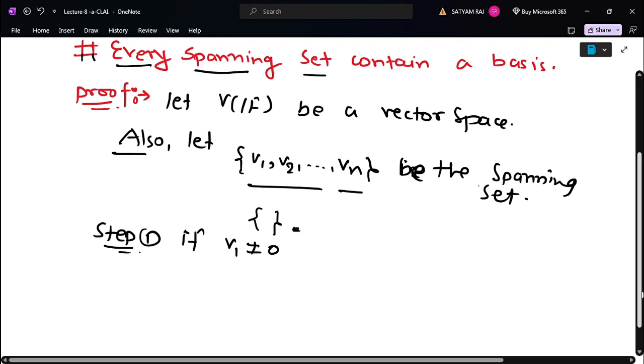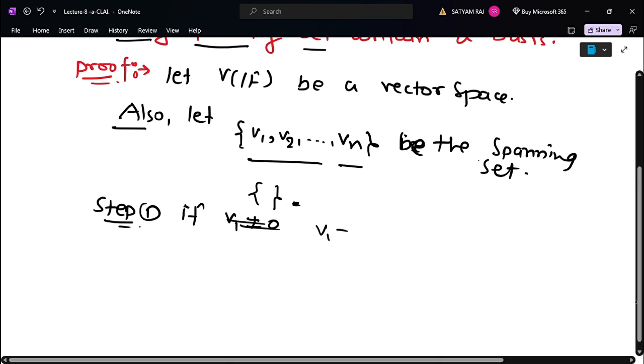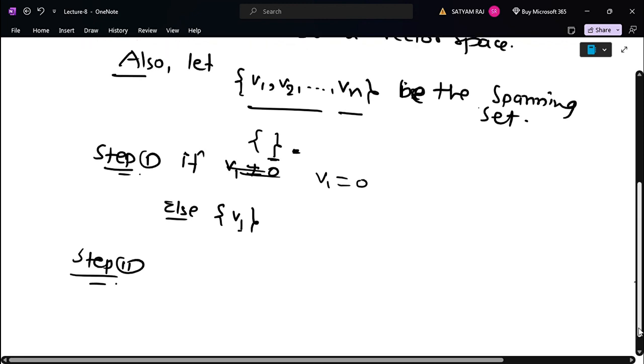Initially we have an empty set, and if v1 is the zero vector, we do not take it in our set. Else, if it is a non-zero vector, we will take it in our set, and the new set will be the set with element v1.